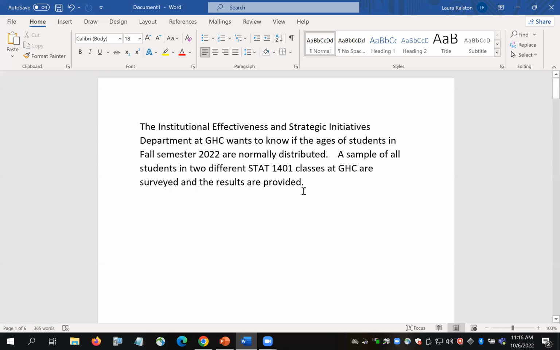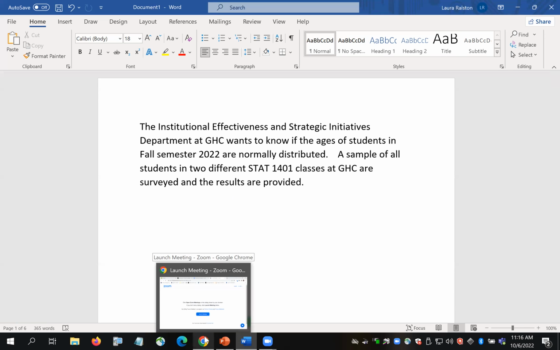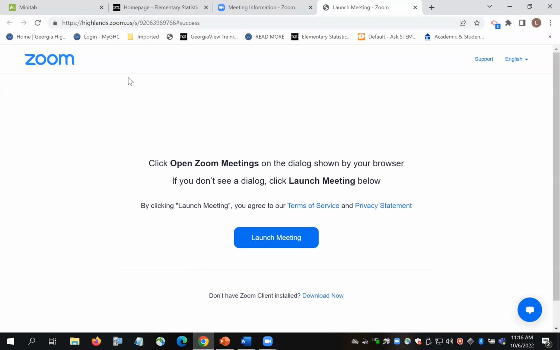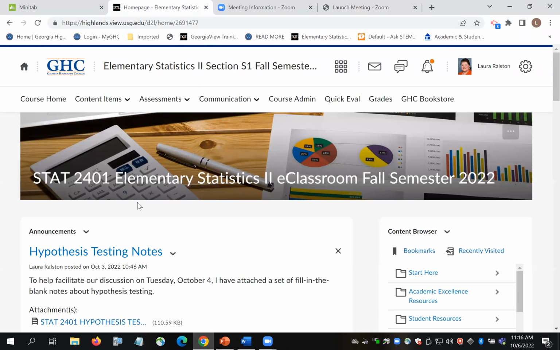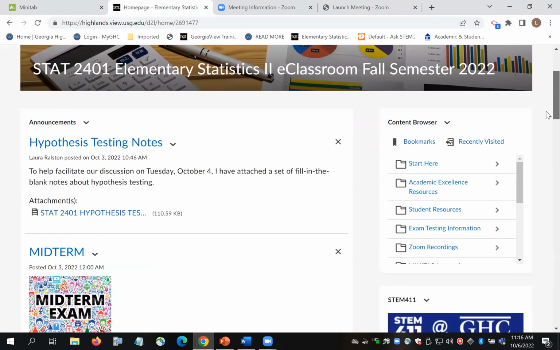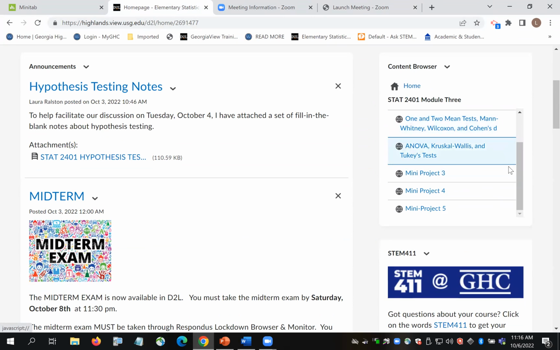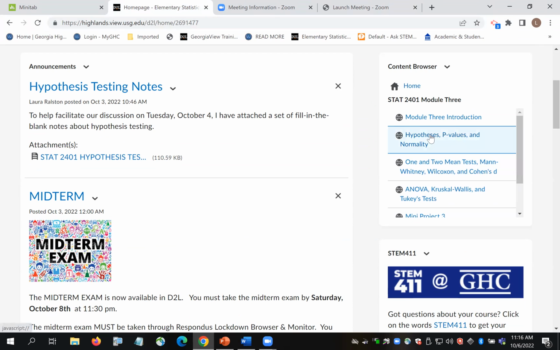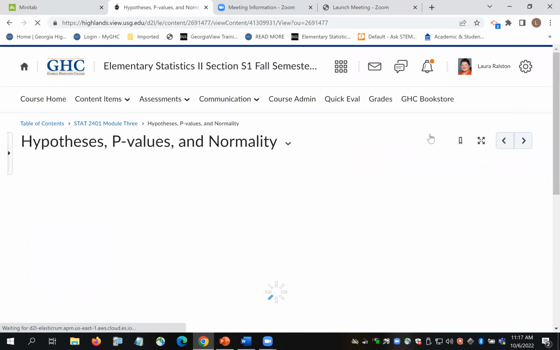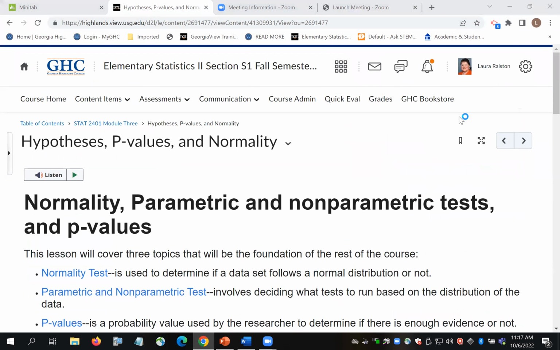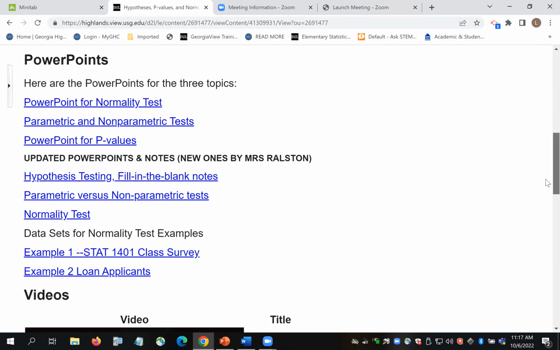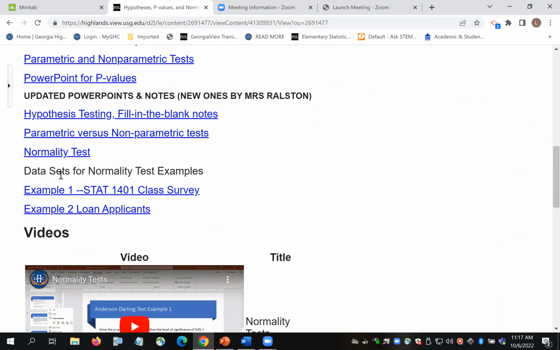Now, the results are not provided on the PowerPoint slide, nor are they provided here, because you need the raw data. So I put the spreadsheet that you need for this problem in the lesson. Under Module 3, for hypothesis, p-values, and normality, if you look at that page, I have data sets for normality test examples.